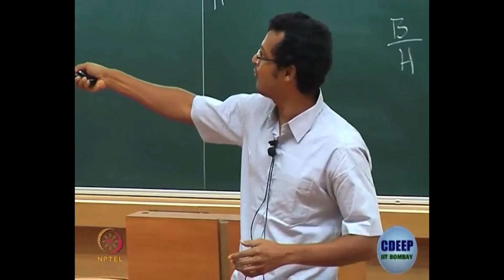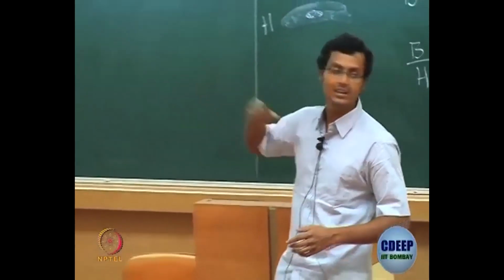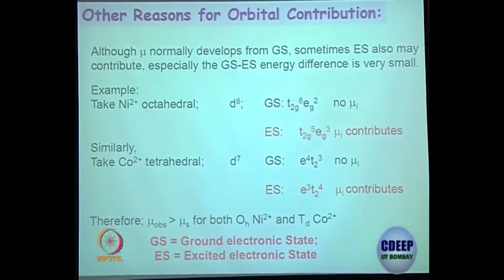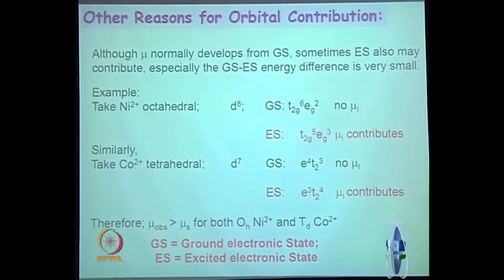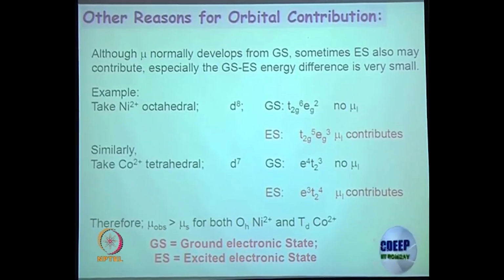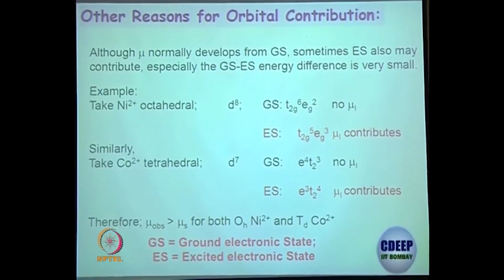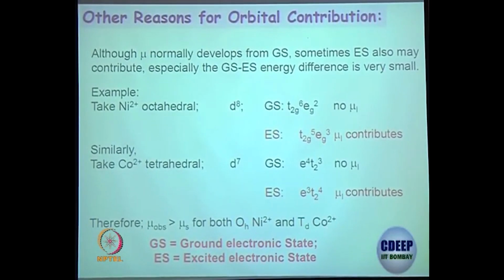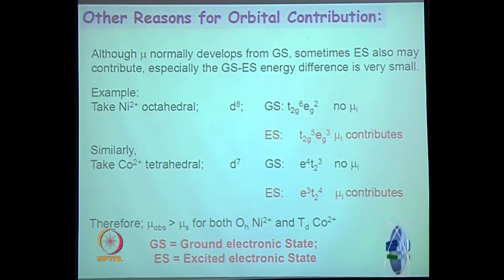Same over here, e4 t2^3 should not have any orbital angular momentum. Now, in the excited state e3 t2^4 you can have it. In all these cases you see that μ observed is greater than μ spin only, for both octahedral nickel 2+ and tetrahedral cobalt 2+, because these are their electronic configurations.